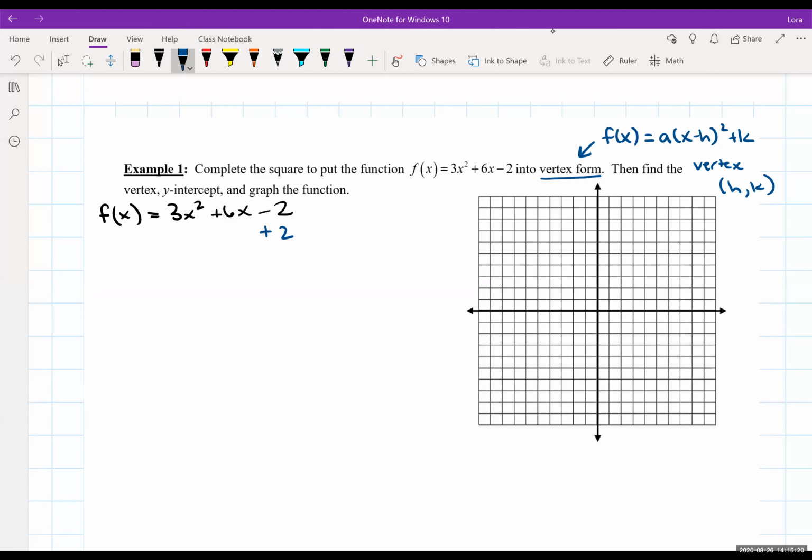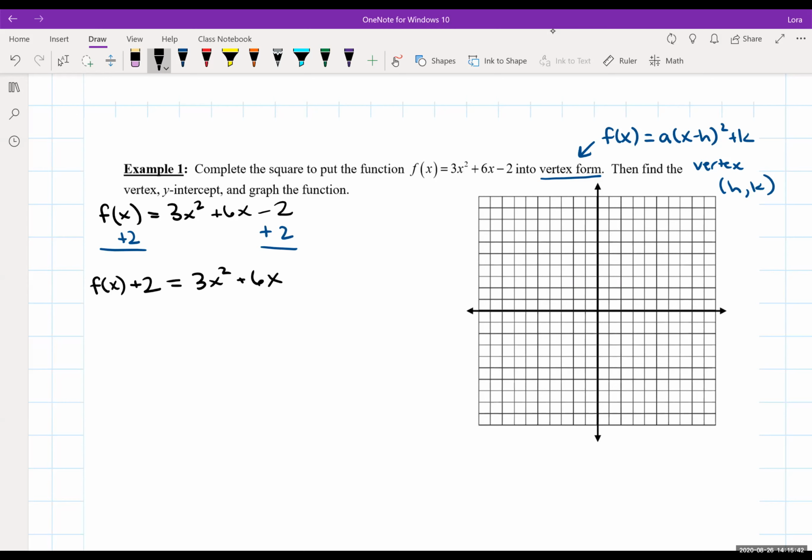I know you can probably do this mentally, but I like to show it while we're explaining it. f of x plus 2. Pretty much what happens is the left-hand side is a placeholder, so just keep the terms there as you see them. So the constant has been moved to the f of x side.